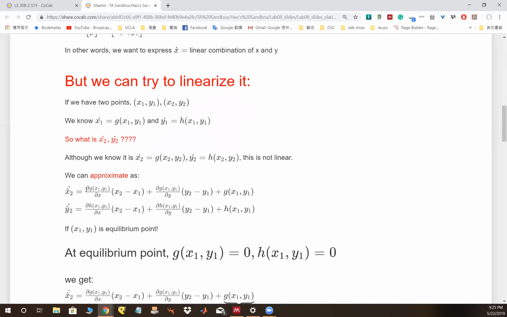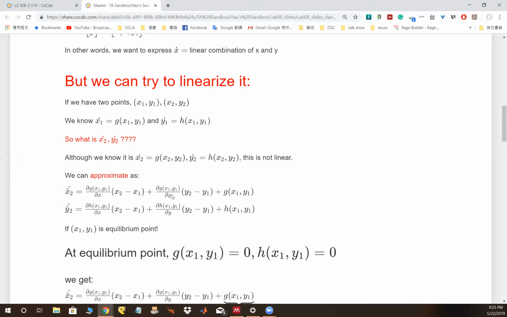The result is, you just take the partial of the whole g with respect to x and multiply the difference of x2 and x1, plus you take the partial of the whole g function with respect to y and multiply the difference in y.